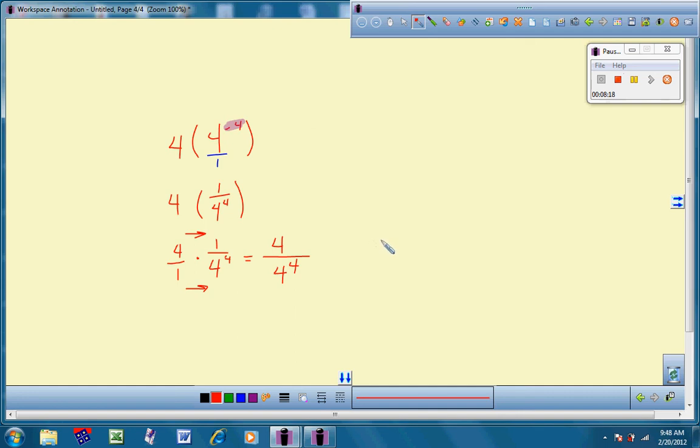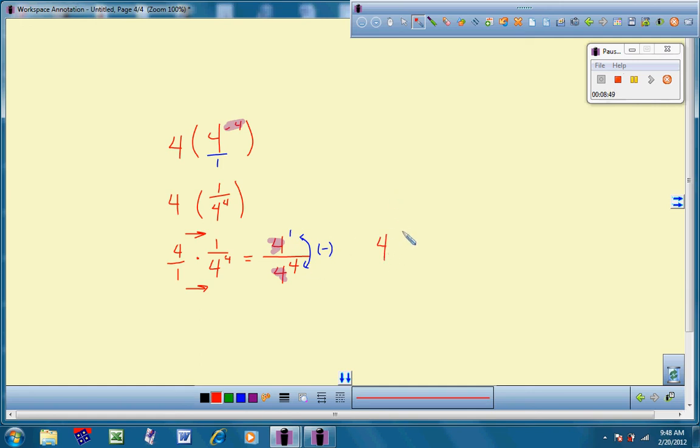Alright, we can go ahead and simplify this numerous ways. We can use our properties of exponents and subtract. Remember, my exponent on my 4 is 1. Since my bases are the same, we would subtract these exponents. And that would give me 4.